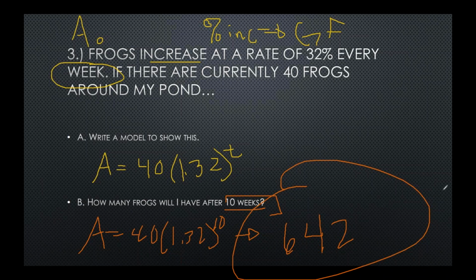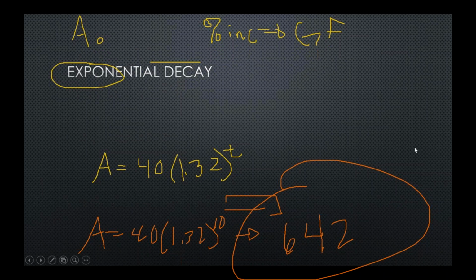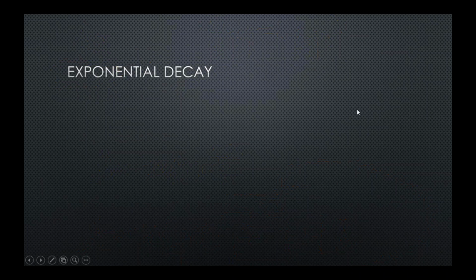Okay, that essentially is section 27, exponential growth. So now we're going to go into exponential decay. Here's the difference in formulas. Ending amount equals initial amount times a decay factor raised to the t.